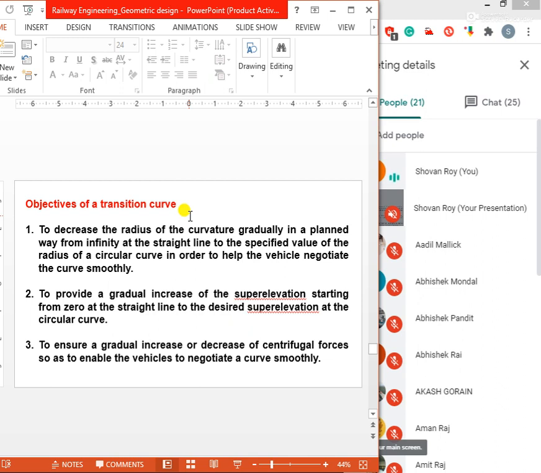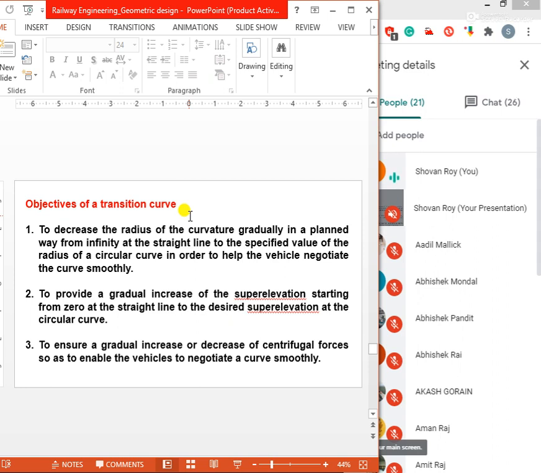Third, to ensure a gradual increase or decrease of centrifugal forces so as to enable the vehicles to negotiate a curve smoothly. Normally, it provides a comfortable journey to passengers as well as protects our vehicle, our train, our bogie, our engine, from distortion.